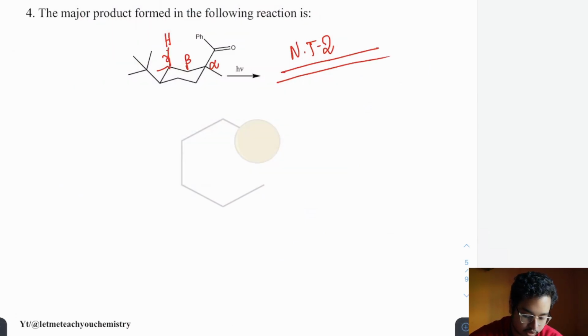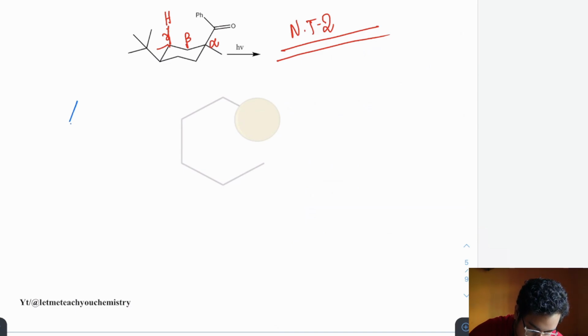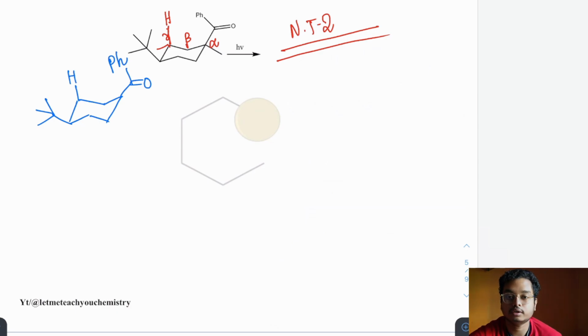So let me just draw a bit. So this is the, as you know the Norrish type 2, what practically happens initially. So I just rotate this one. Okay, so that will be much more helpful.